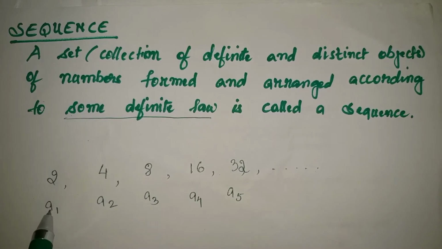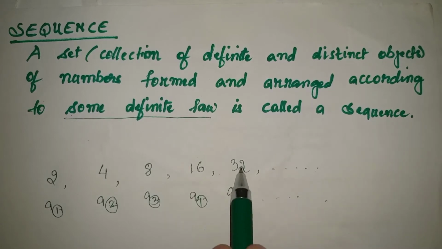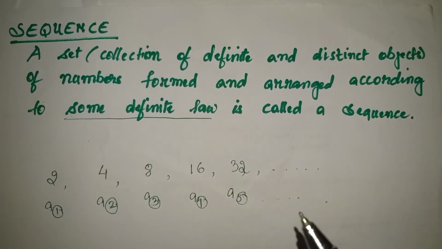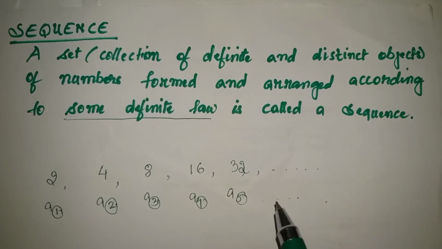Remember, for the first term I denote it a1. So I have this number 1. For the second term I denote it as a2. I have the number 2 here, 3, 4, 5, and so on. So as to denote the term number, maybe I have a100, a101, a102, and so on.